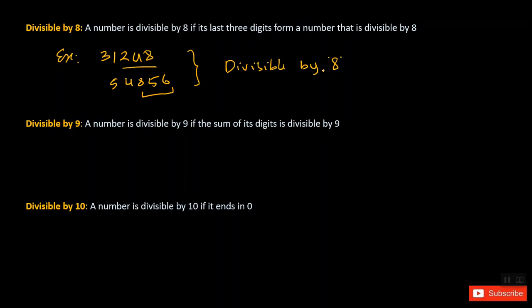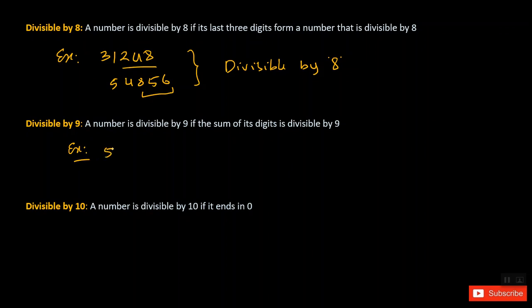Okay. Divisible by 9 is similar to divisible by 3. A number is divisible by 9 if the sum of its digits is divisible by 9. If you add the individual digits and that result is a multiple of 9, then the entire number is divisible by 9. Let's take a simple example to show.